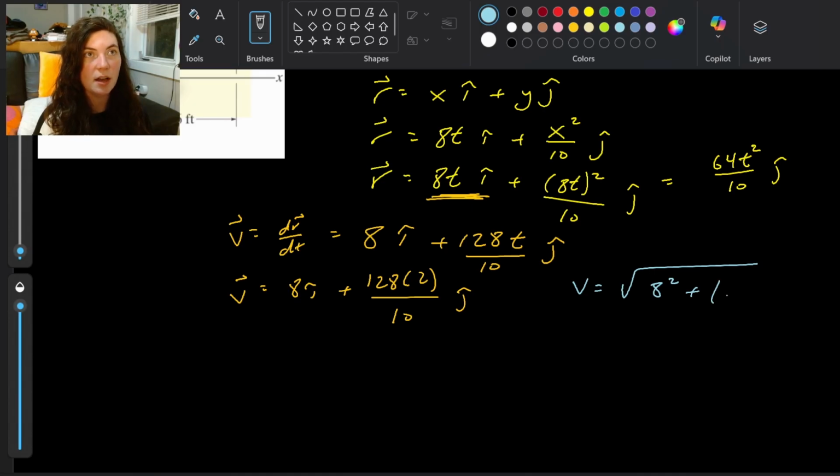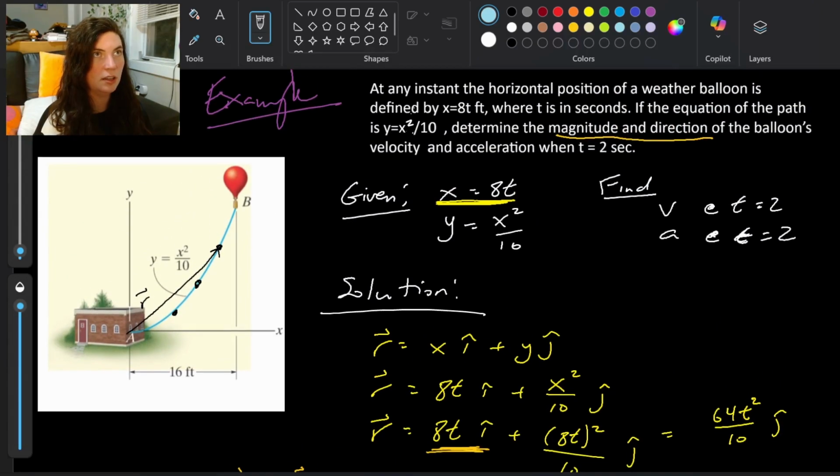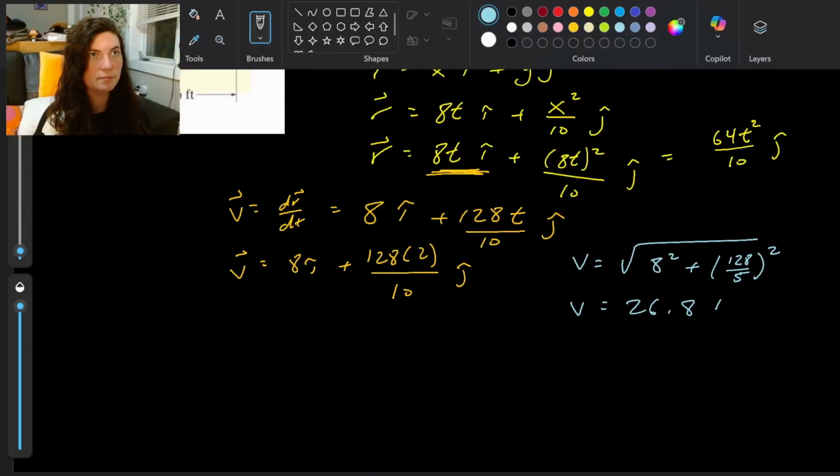I did not punch this into a calculator yet. To get a magnitude of velocity of about 26.8, and let's double check our units here. X is in feet, so this is going to be feet per second.